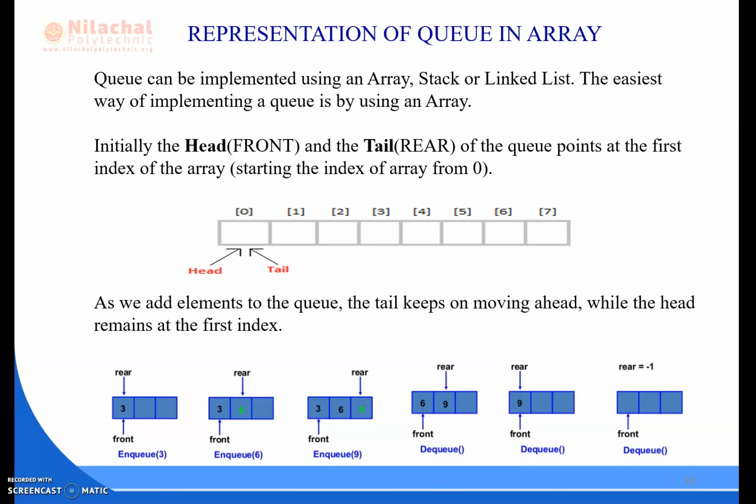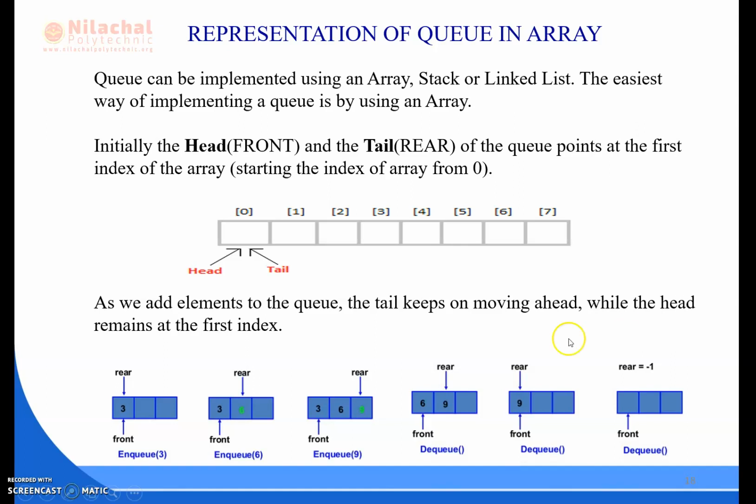Next we will be discussing the representation of queue in an array. A queue can be implemented using an array, stack or linked list. The easiest way of implementing a queue is by using an array. Initially, the head, so-called front, and the tail, called rear, of the queue point at the first index of the array, starting the index from 0.